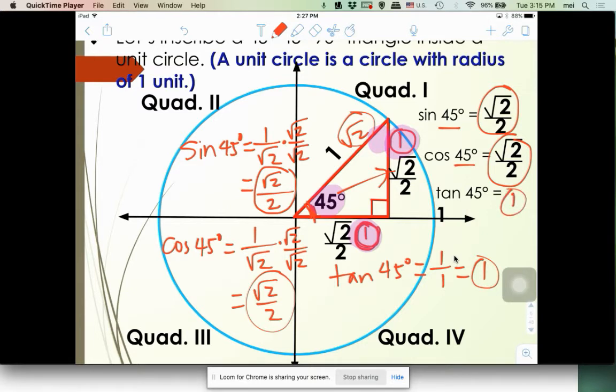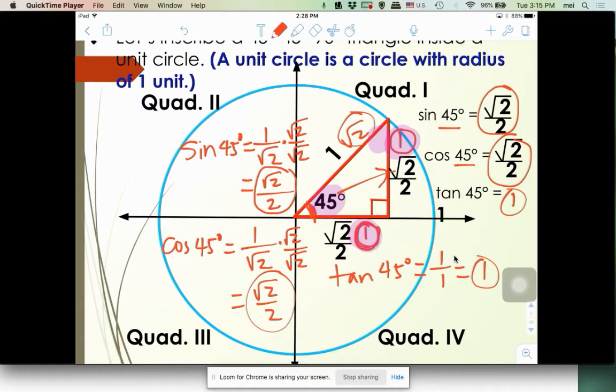So the next thing we're going to do is take a look at this triangle, and we're going to draw various types of triangles, reflecting it across different lines to see where the position of this triangle may lie within this unit circle. Right now, this triangle is drawn in the first quadrant.